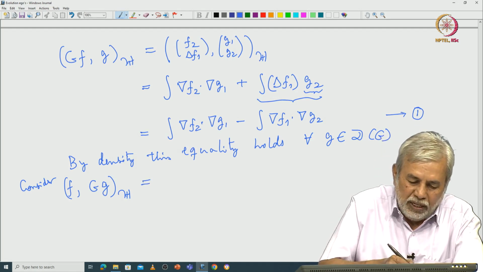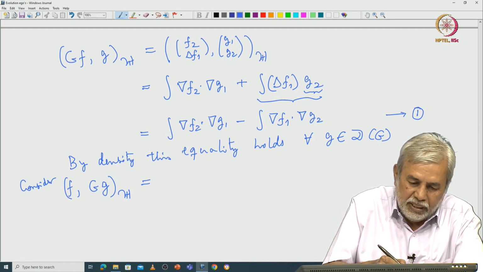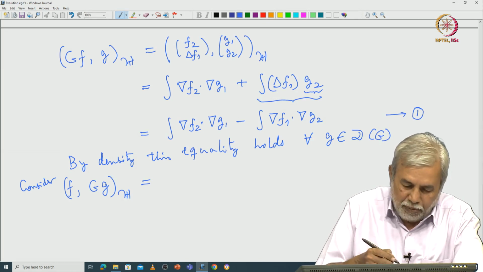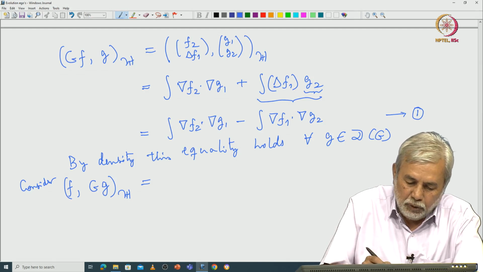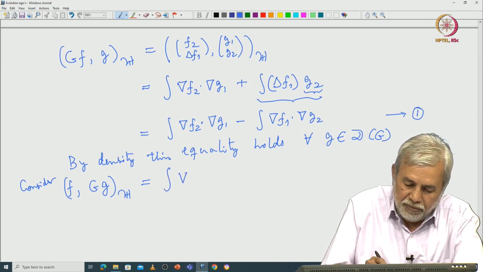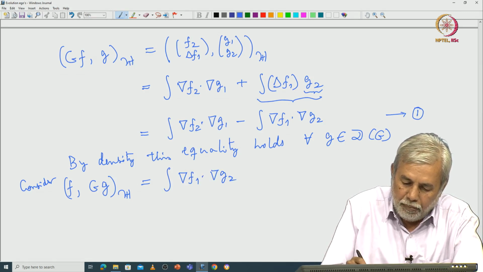So, now f1, f2 and you have g2, Laplacian g1. Okay, so, this is integral f1 grad g2 plus f2 Laplacian g1.